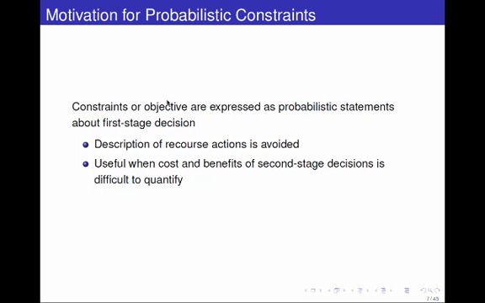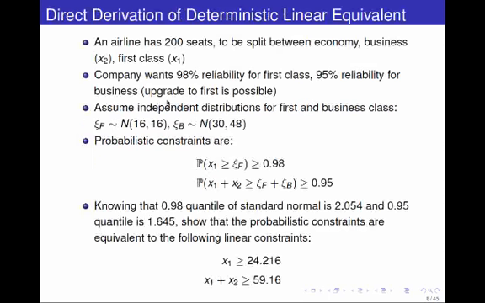You just say that I want the first stage of my decisions to give me some guarantees in terms of the likelihood of things not becoming really bad. I want that probability to be bounded. So that way we get to just impose constraints on first stage decisions and avoid modeling all of the second stage. So probabilistic constraints are a way to simplify our model in a sense.